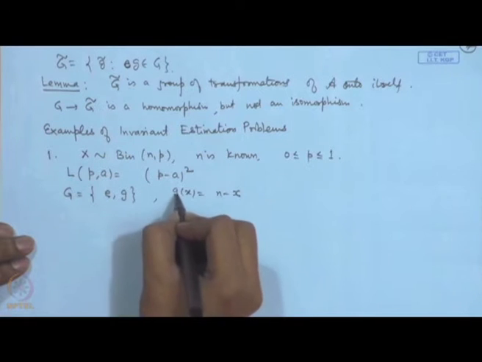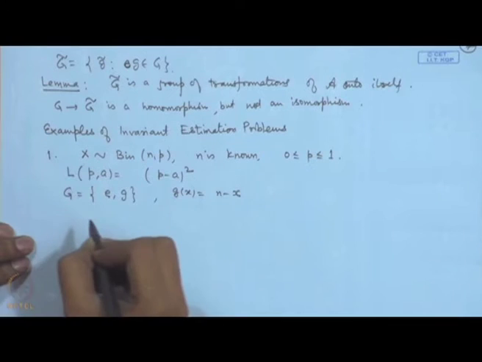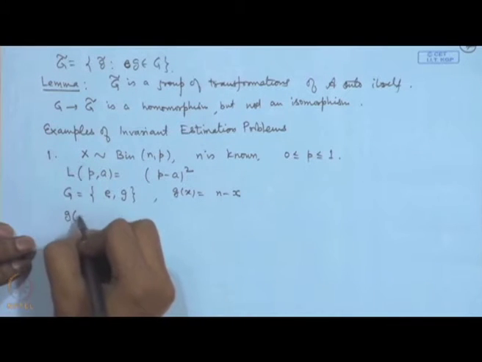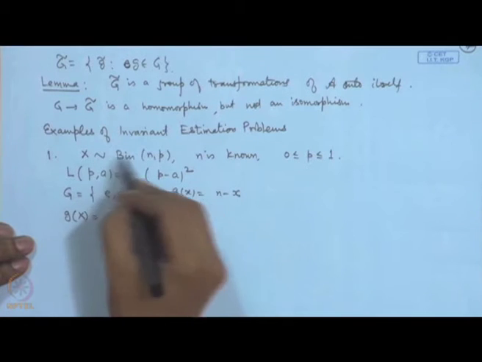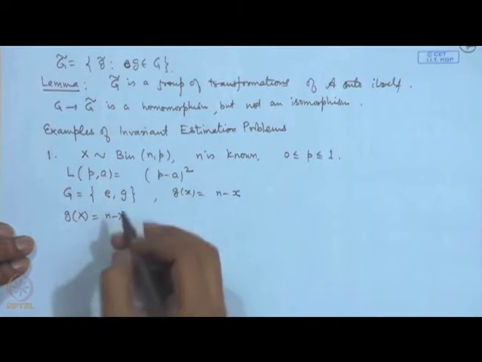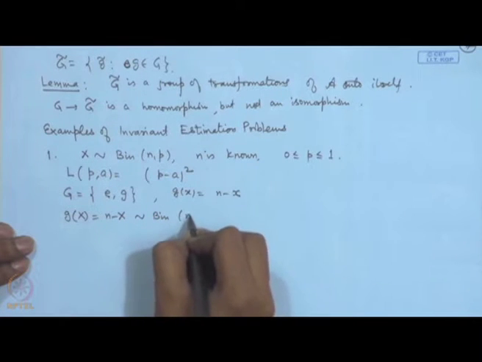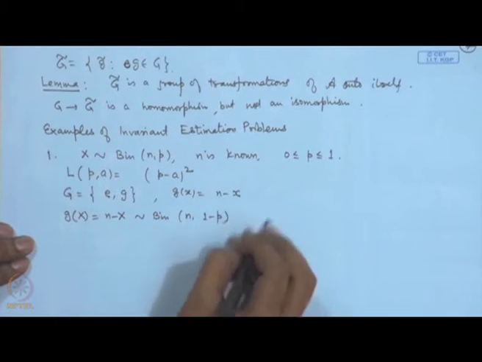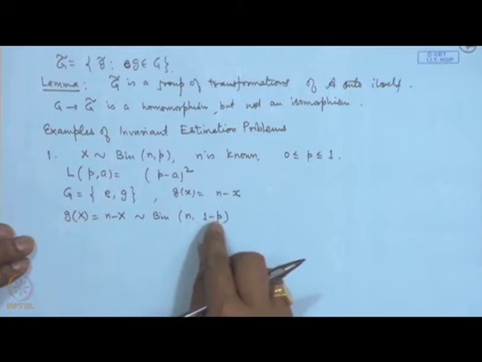Now, under this transformation, first of all let us see whether the family of distributions is invariant. So, if you look at the distribution of g x, that is n minus x, if x follows binomial n p, then the distribution of n minus x is binomial n 1 minus p. Because n minus x denotes the number of failures, the probability of a failure is 1 minus p, there are n trials.